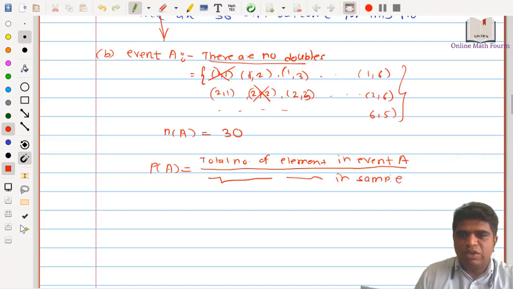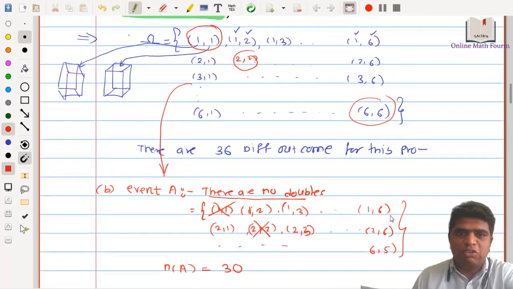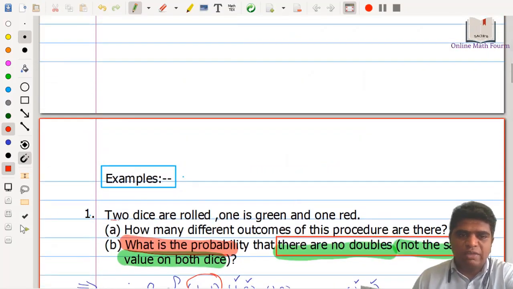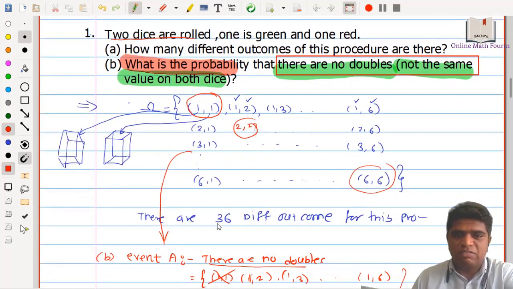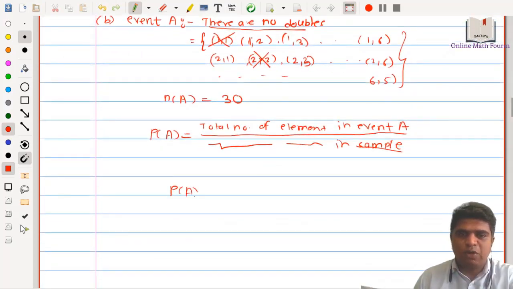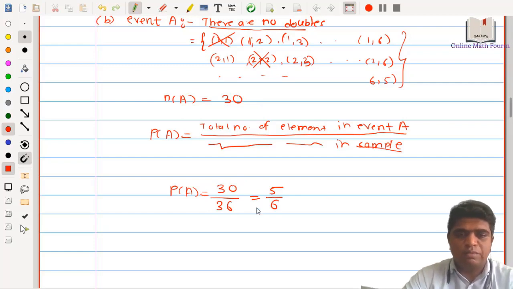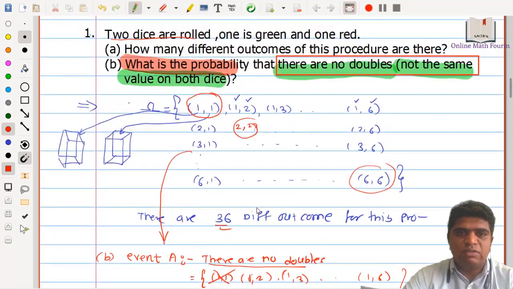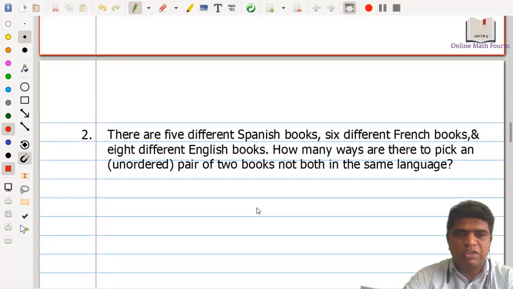The sample set means the total number of outcomes of the experiment, which is two dice rolled. The total number of elements in the sample set is 36. So probability of A is 30 upon 36, which is 5 by 6. The probability is always less than or equal to 1. So the answer is 5 by 6. Okay, let's go through the next example.